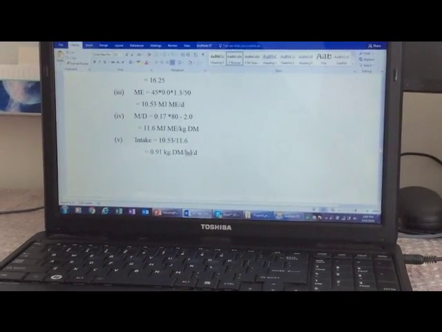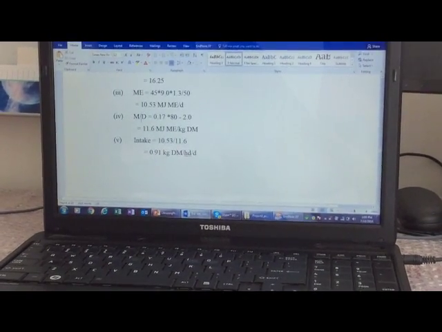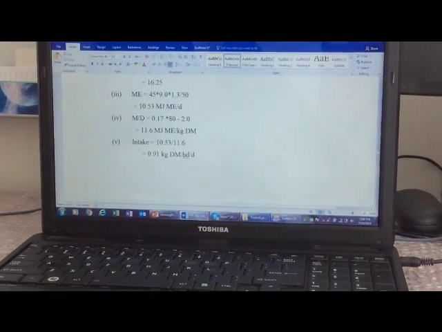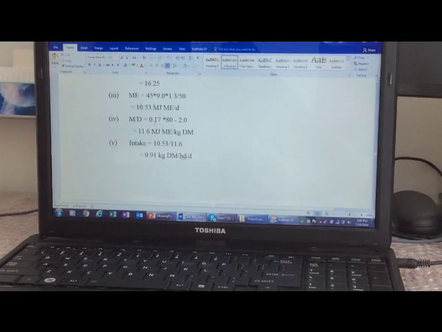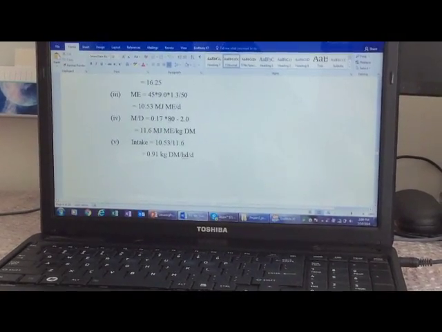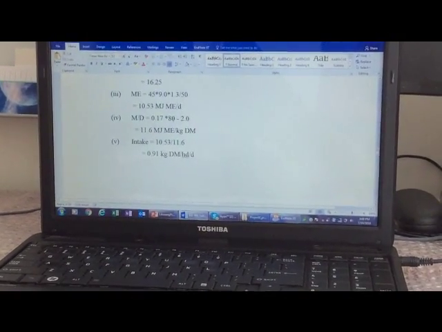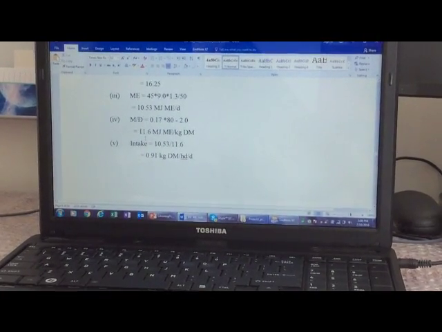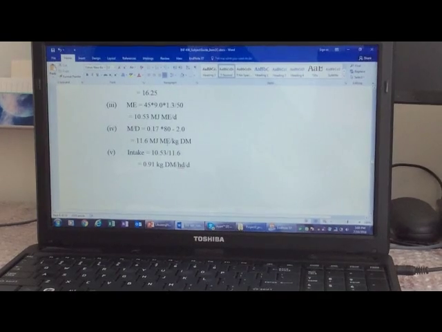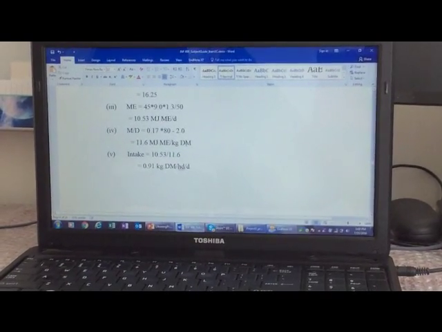That's what these pregnant ewes will require from this pasture. Now, the MD, the density of the pasture, calculated based on that equation of 0.17 times the dry matter digestibility content of 80% minus 2.0, gives us 11.6 megajoules ME per kilogram dry matter.